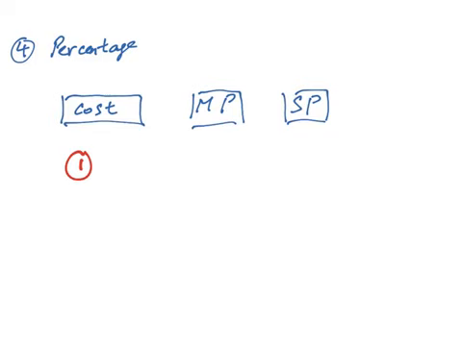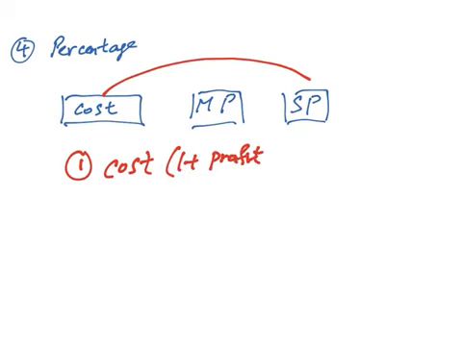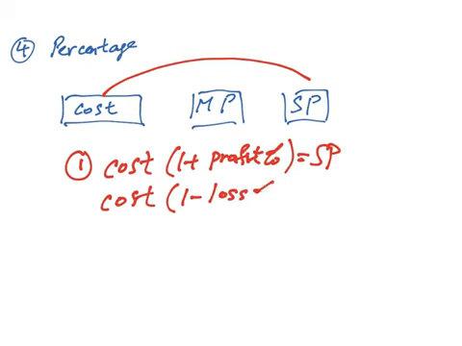So we'll compare the cost and selling price. If it is the profit case, cost times 1 plus the profit percentage equals the selling price. If it is the losing case, cost times 1 minus the loss percentage equals the selling price.